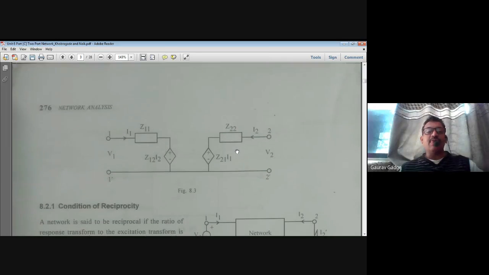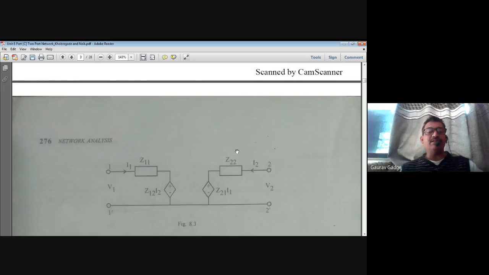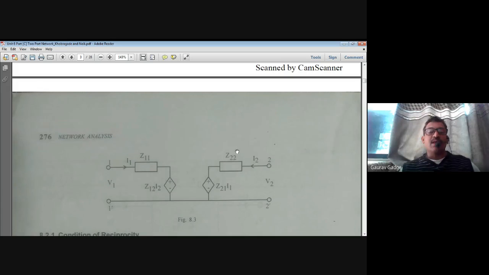Those equivalent equations can be represented in this particular circuit. As we already said, I1 and I2 be the independent currents and V1, V2 be the dependent voltages. Now, V1 is equal to Z11 I1 plus Z12 I2.